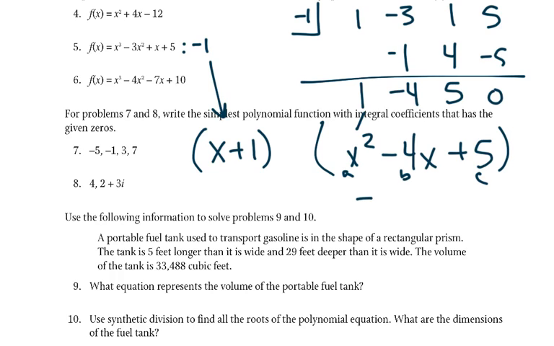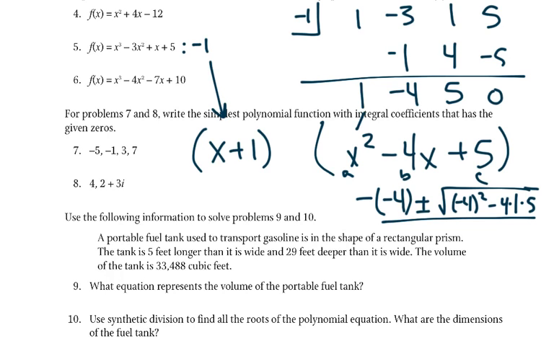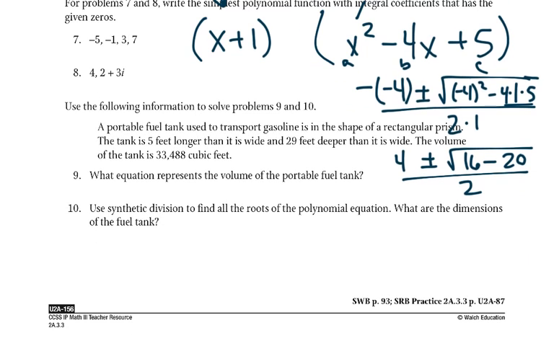So I'd go negative negative 4 plus or minus the square root of negative 4 squared minus 4 times a times c over 2 times a. So positive 4 plus or minus square root of 16 minus 4 times 5 times 1 is 20 over 2. 16 minus 20 is negative 4.